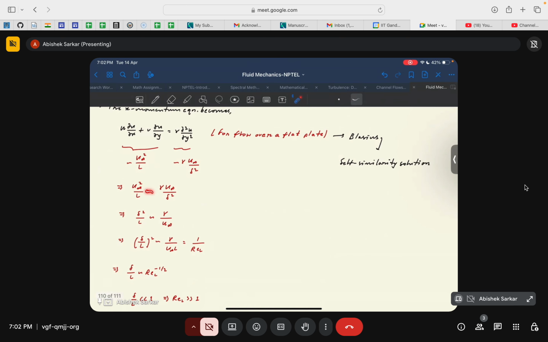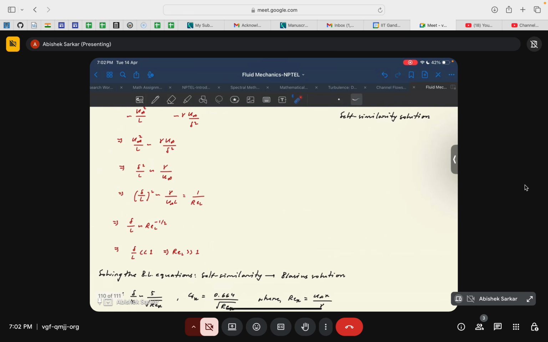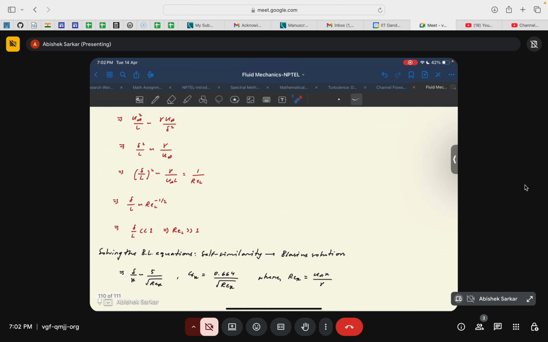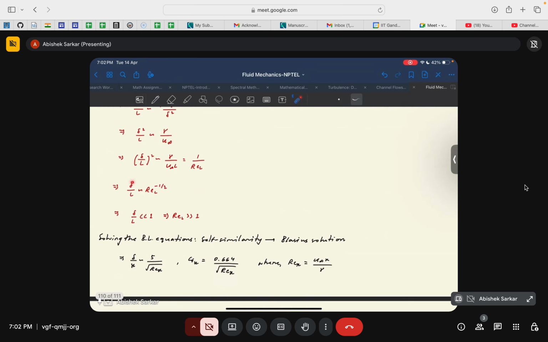So these two terms are similar. If you simplify it even further, you will get delta square by L to scale as nu by u infinity. Now if you multiply L in both the denominators, you will get delta by L square to scale as nu by u infinity times L, or 1 by Re_L. Or you will eventually get delta by L to scale as 1 by square root of Reynolds number.